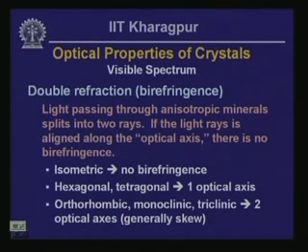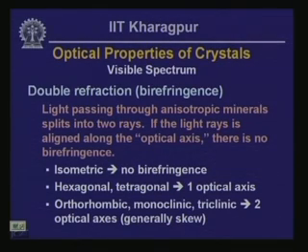On the other hand, if the ray passing through is oriented in a certain preferred direction, there will be no birefringence, and this special direction is called the optical axis.